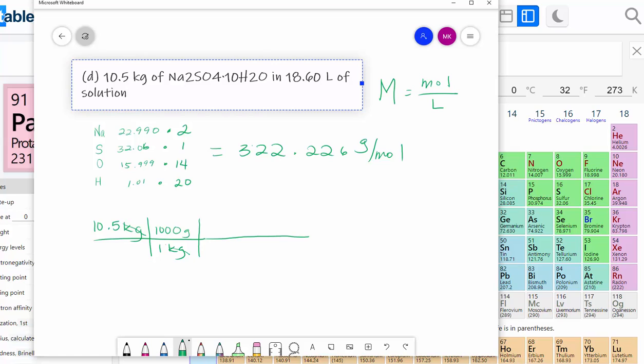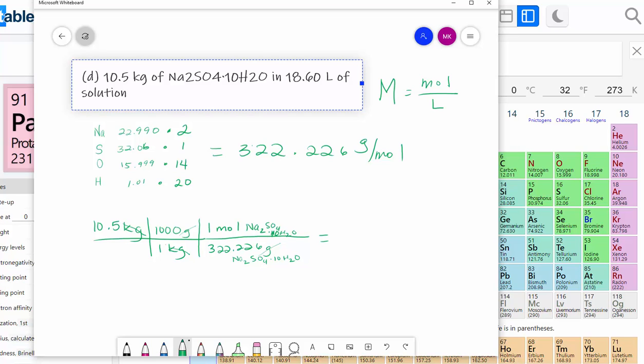The way that I read this molar mass is 322.226 grams per 1 mole. So the 1 stays with mole, and I'm going to label it Na2SO4 hydrate. The 322.226 grams of stuff goes on the bottom. That way grams cancels with grams, and I'm left with moles.